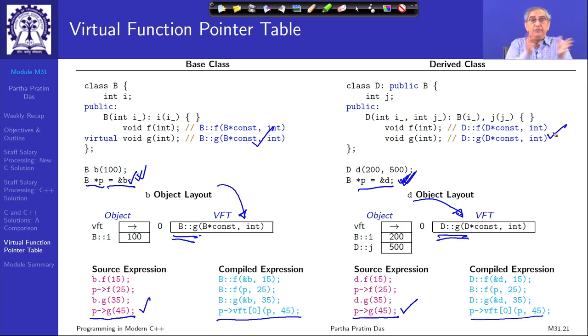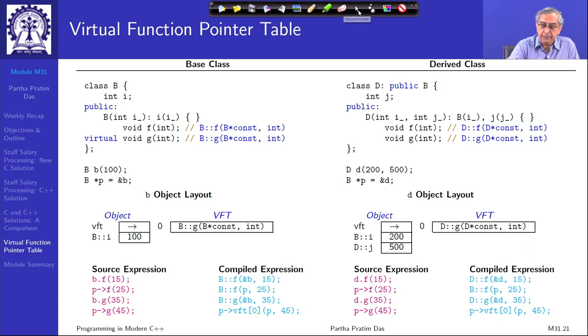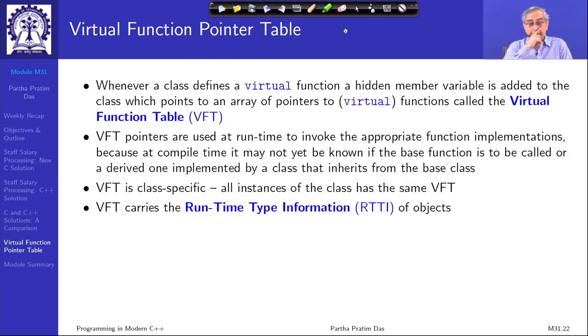So, that is how polymorphic dispatch happens, based on the runtime type, on the runtime object you are actually pointing to. This is a very simple scheme, but a very effective one. Whenever a class defines a virtual function, a hidden member variable is added to the class, which points to the array of functions, the virtual function pointer table. VFT pointers are used at runtime to invoke the appropriate function implementation.